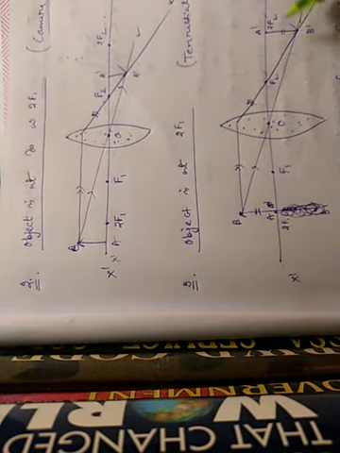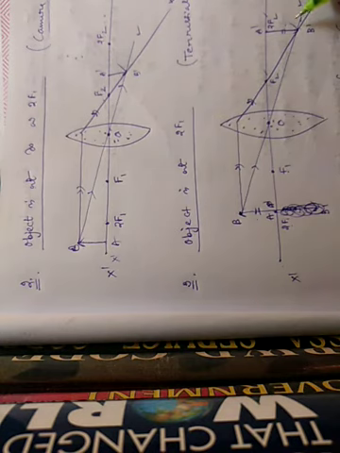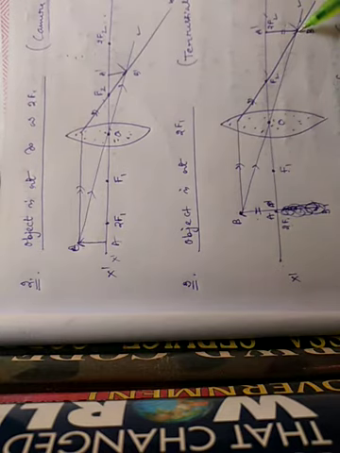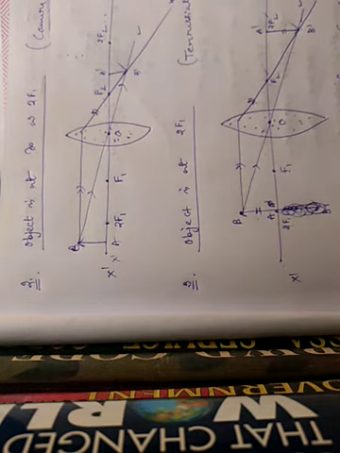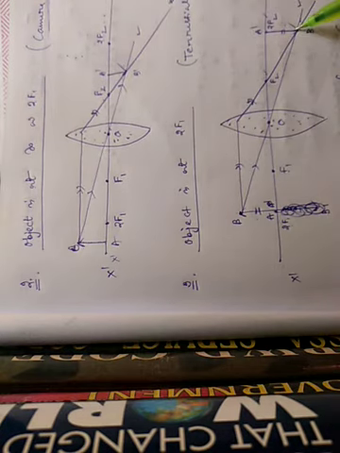Put the mark first here, A dash B dash. Everyone will see that your image is the same as the object size, because we are not using scale measurement. That means initially we get our image without drawing the ray diagram. This is known as manipulation in a ray diagram, so tactics must be there. First we draw the image A dash B dash.